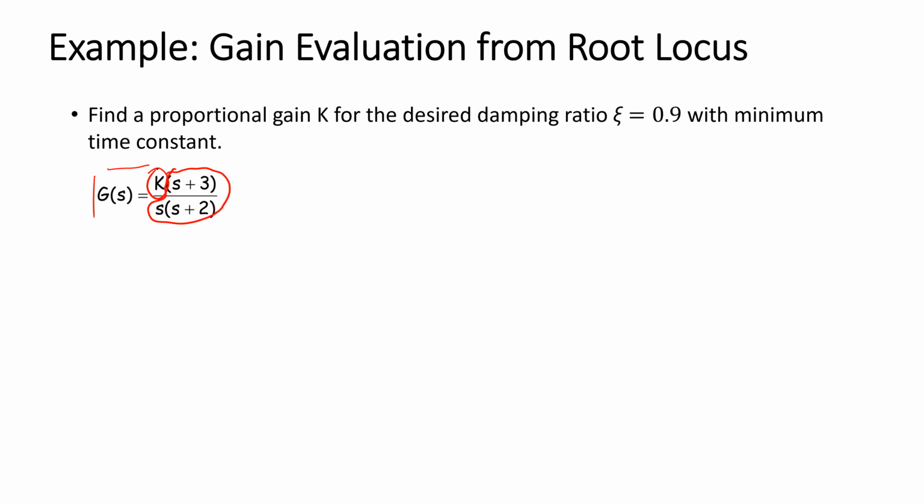And we need to decide P control by adjusting the gain K, and the system needs to have the damping ratio 0.9. And the last point, minimum time constant, means the system should be as fast as possible, but still have the damping ratio 0.9.